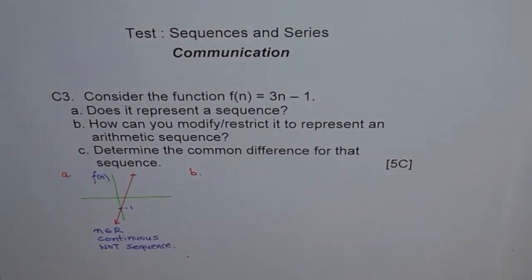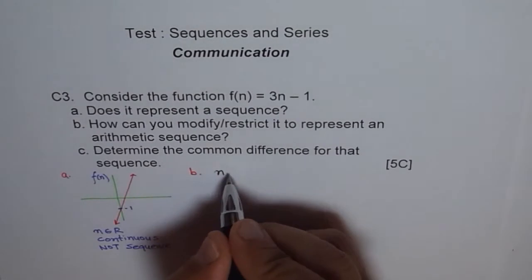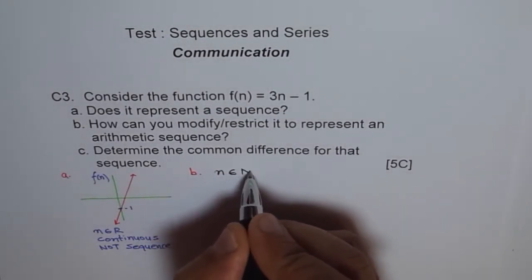Now B. How can you modify or restrict it to represent an arithmetic sequence? We have partly answered this question. The only way to make it a sequence is to restrict the domain. We say let n belong to natural numbers, not real numbers.